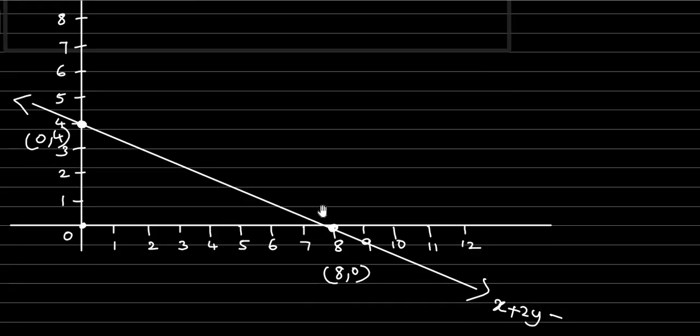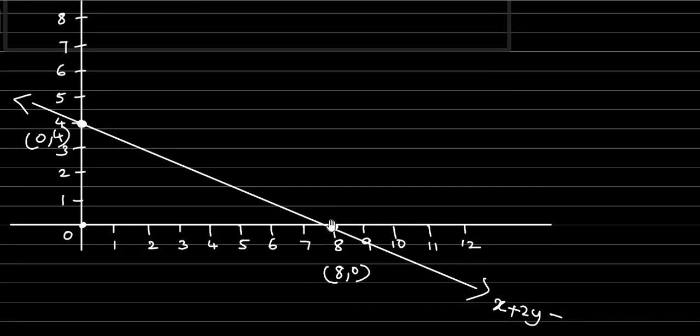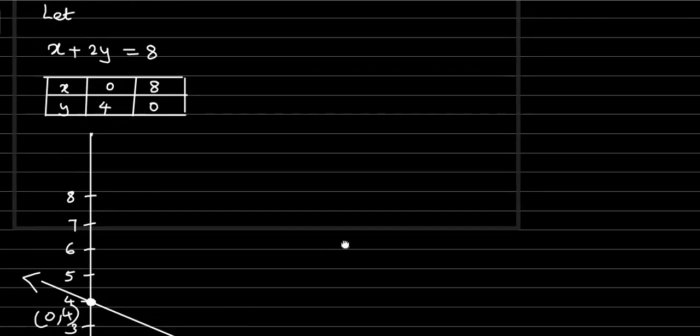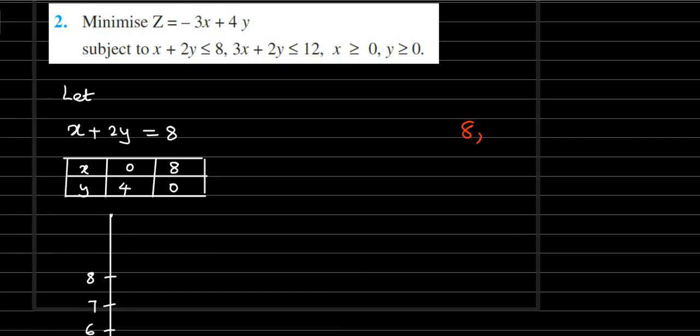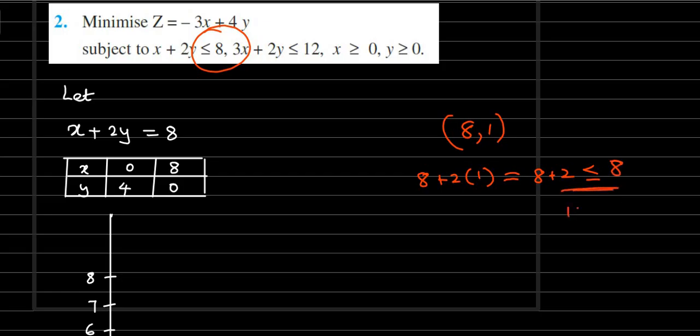Suppose I take 8, 1. If I replace x and y by 8 and 1, 8 plus 2 times 1 is 10. Is 10 less than or equal to 8? Is that condition satisfied?